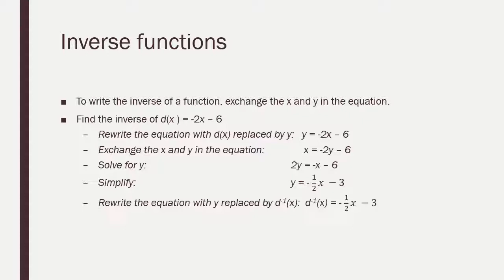Then I subtracted the x from the left-hand side and got it to be negative x on the right. And then I divided everything by 2. So I ended up with y = -1/2 x - 3. You can rewrite the equation using d^-1, which means the inverse function of d(x), equals -1/2 x - 3.